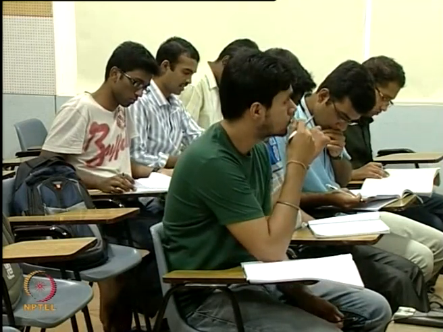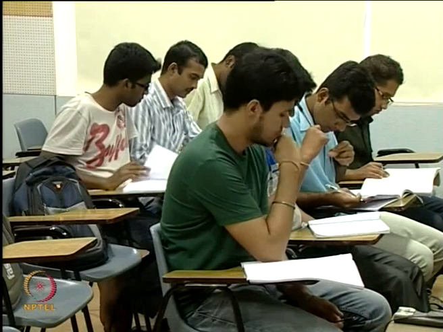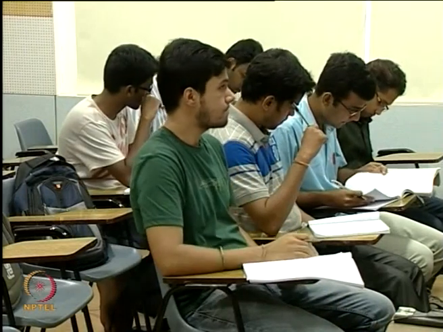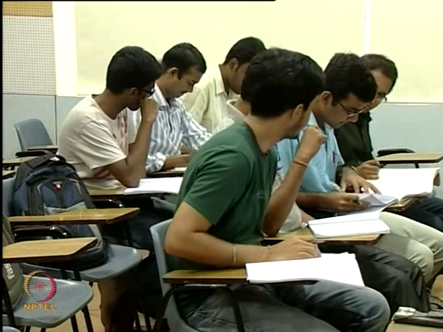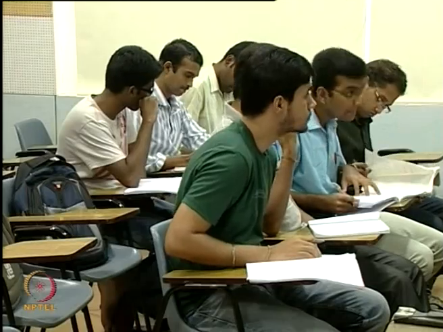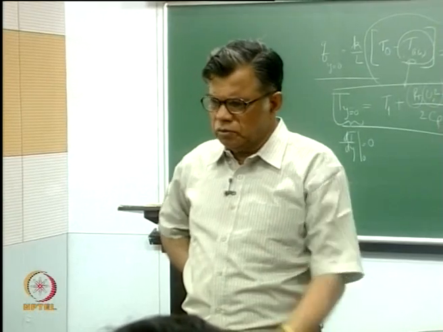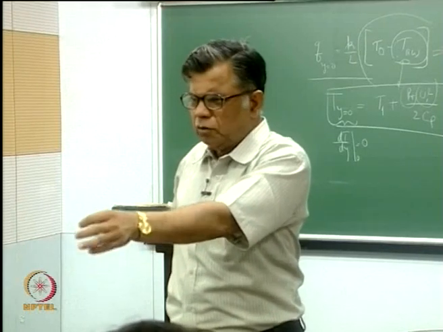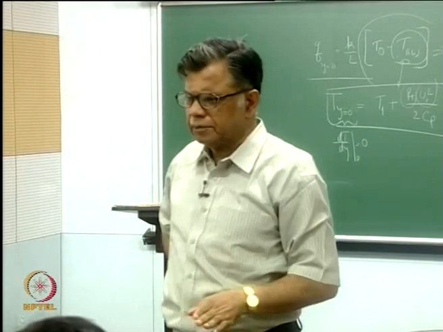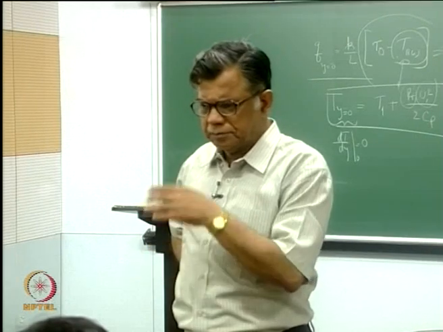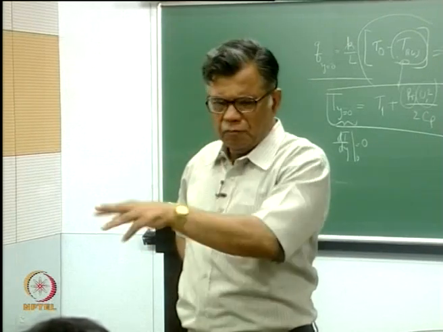No, you must have written it down. You got the definition of R in your class notes? Come on, I shouldn't be asking you so many questions here. You said recovery factor, fine. So there is an expression for recovery factor. I am asking you what is the value of that in that particular case. It is a laminar flow flat plate case. Find out, it should be there.